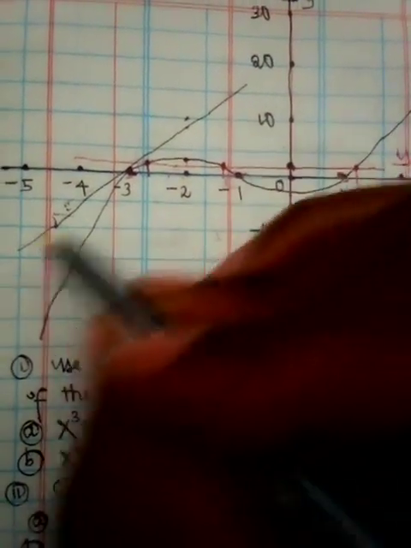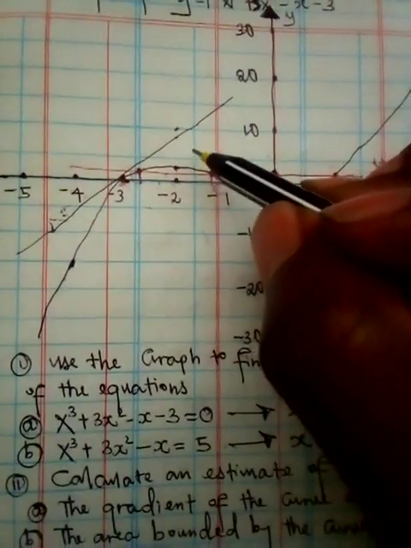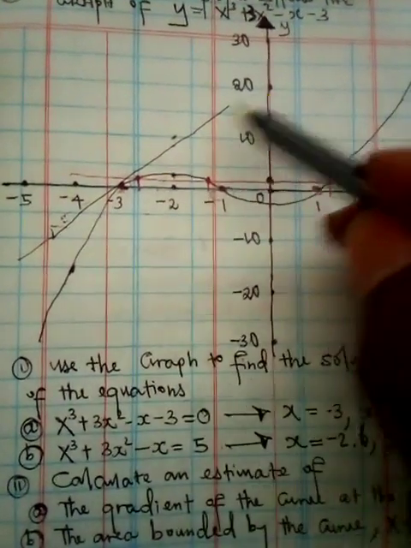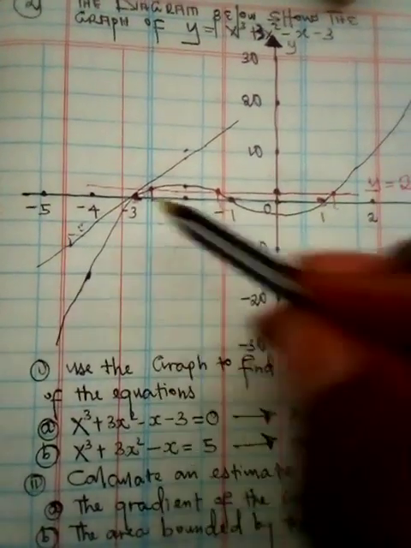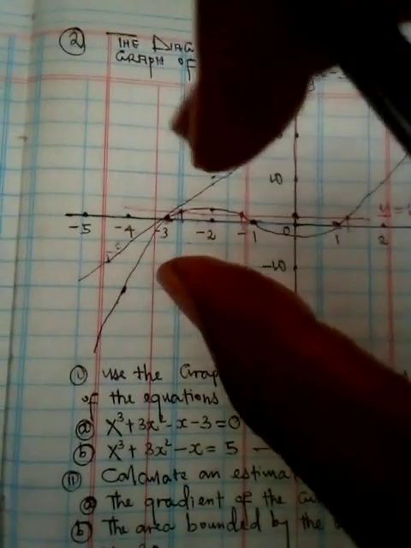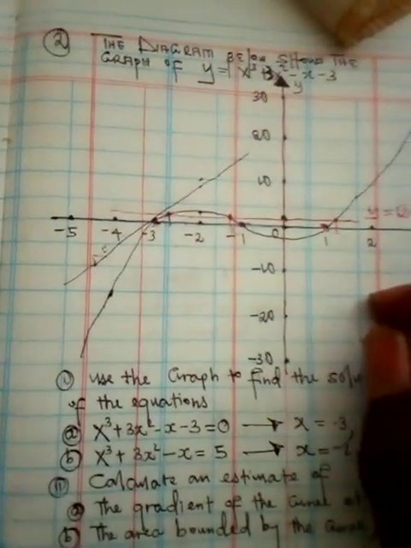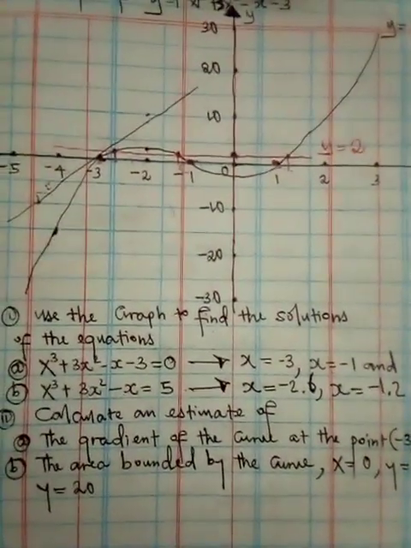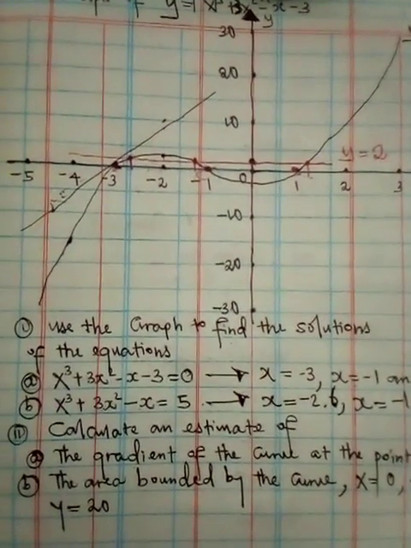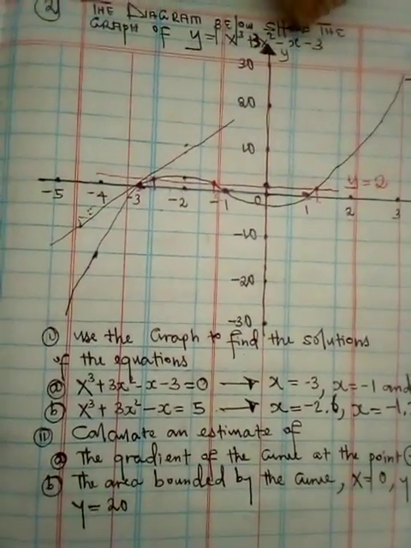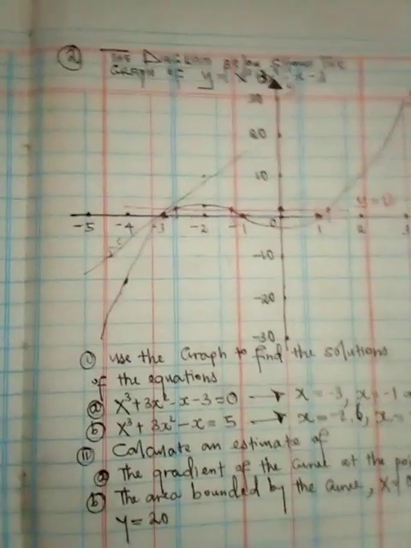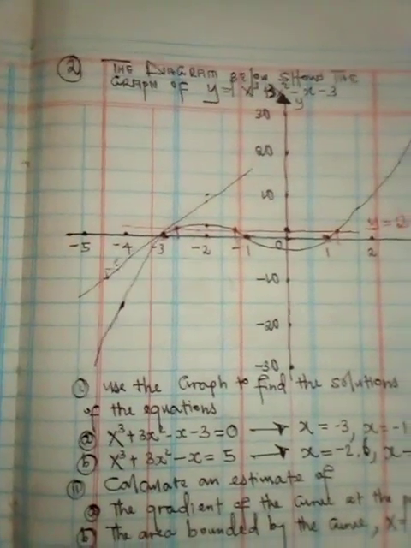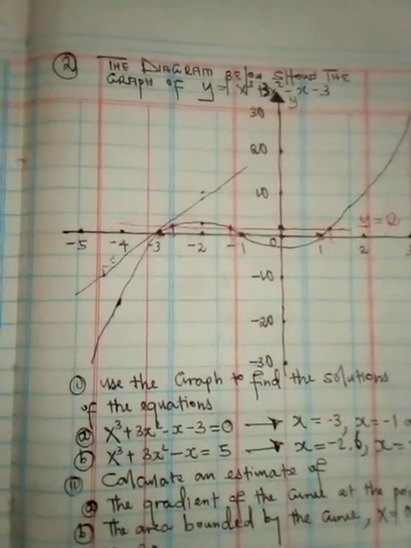So that's our tangent line. It's meeting this curve at -3, 0. You're not seeing it bend in this way or anything like that. No, it's meeting the curve at only one point, okay? So drawing the tangent is not enough. What we now do is determine the gradient of the tangent.